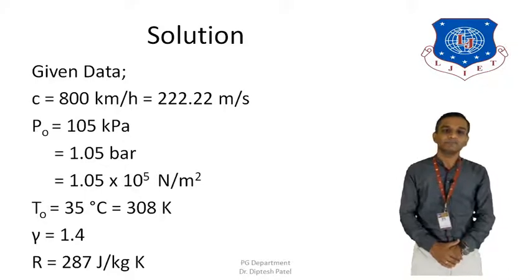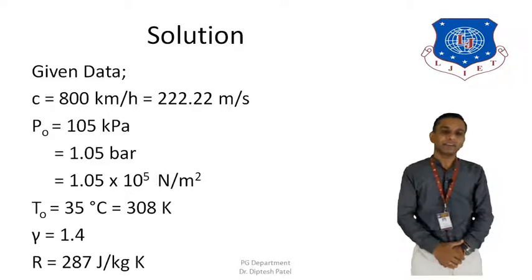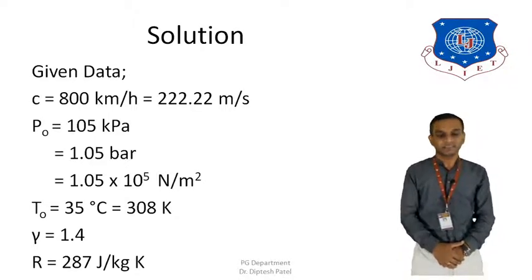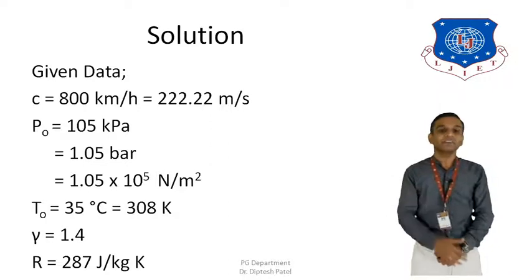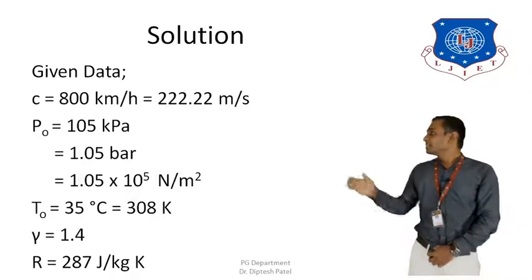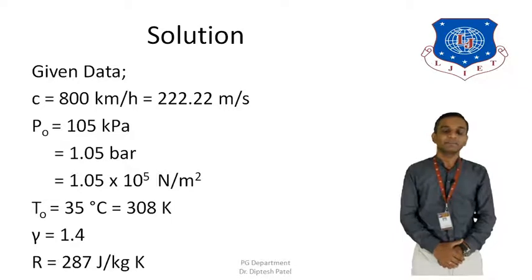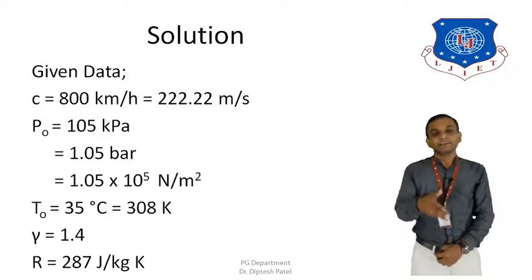C is equal to 222.22 meter per second. Second one is stagnation pressure. Stagnation pressure is given, and that is 105 kilopascal. If I convert it in bar, that would be 1.05 bar, and further if I convert it in Newton per meter square, that would be 1.05 into 10 raised to 5 Newton per meter square.